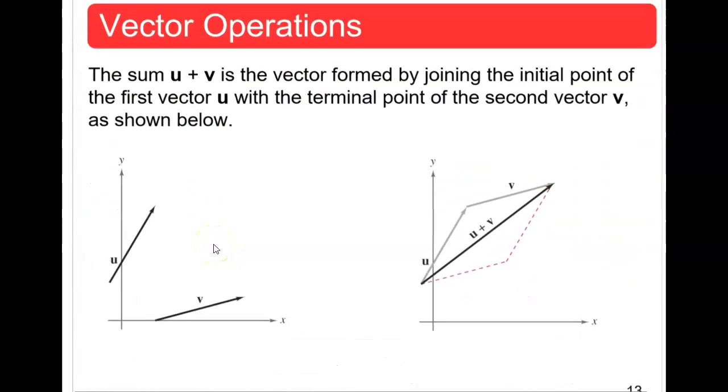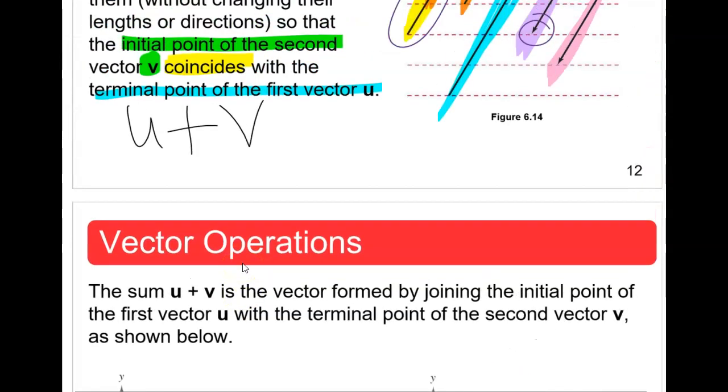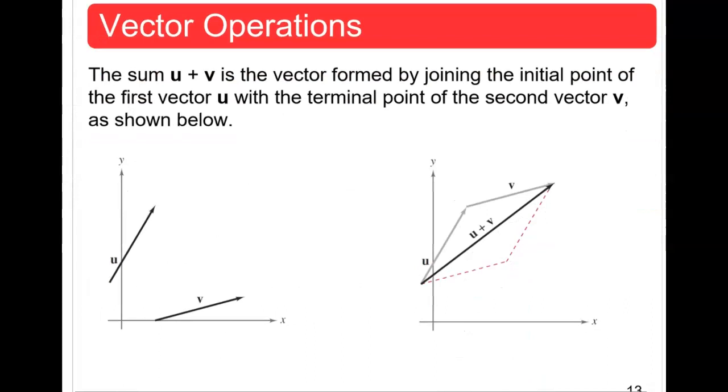Now here we have the geometrical representation. So we have vector u and vector v, and we take the initial point of the second vector, like we explained on the previous slide.